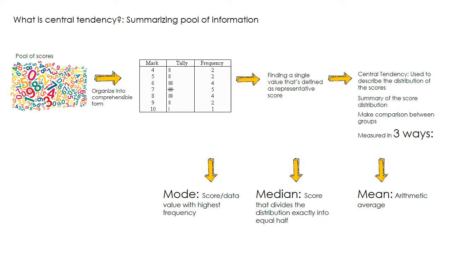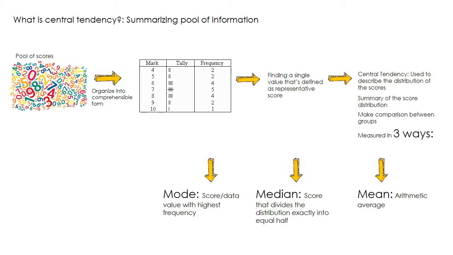Second, we can also find the median. Median is the score that divides the distribution exactly into equal halves. Meaning, what is the value that divides the entire pool of information into equal halves? That means there are an equal number of scores below this median value and above this median value.